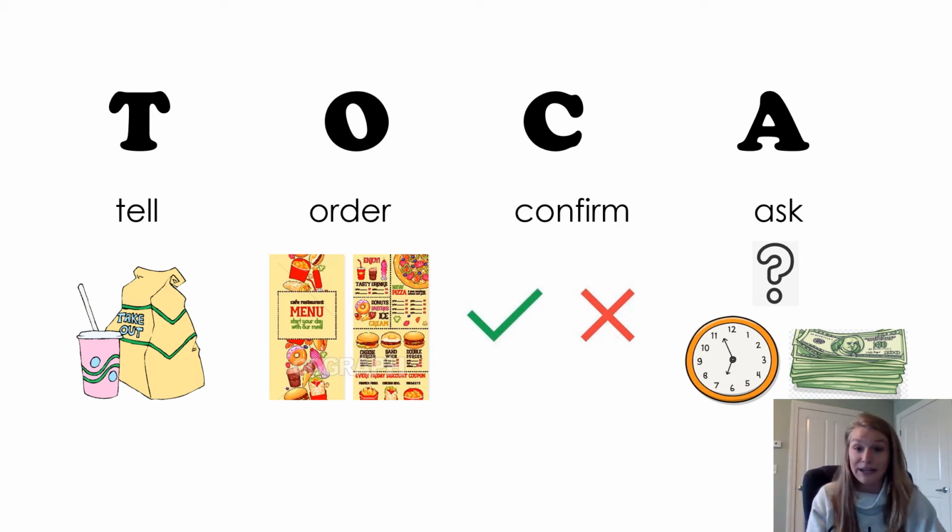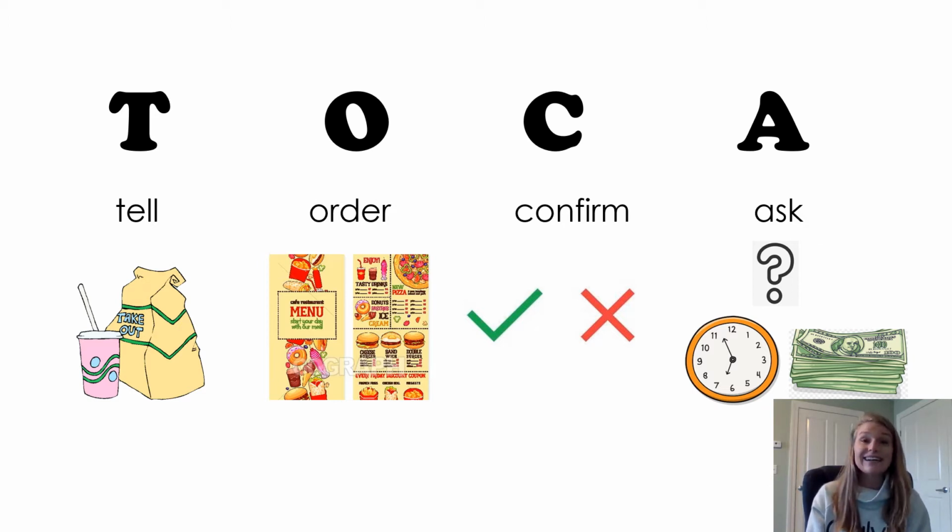It's called an acronym. And an acronym in English is when each letter of the word that you built stands for a different word. So in this word, toca, I had the T stand for the word tell. The O is going to help us remember the word order.